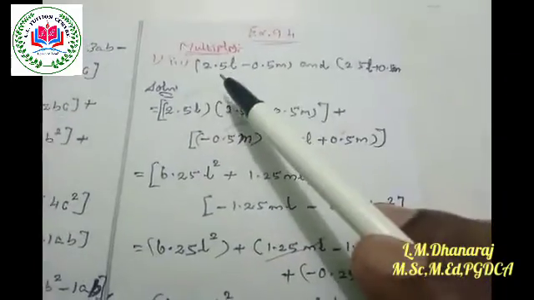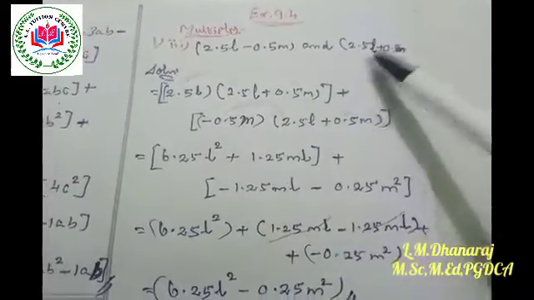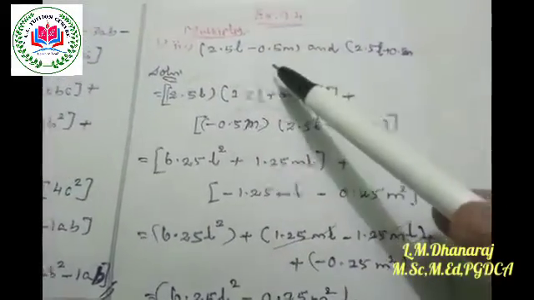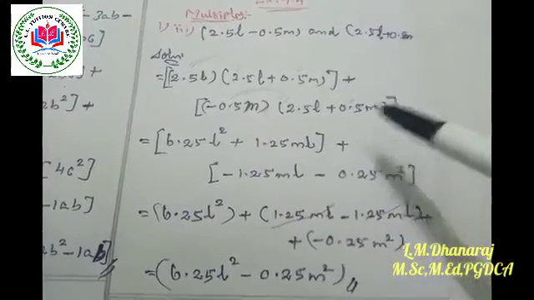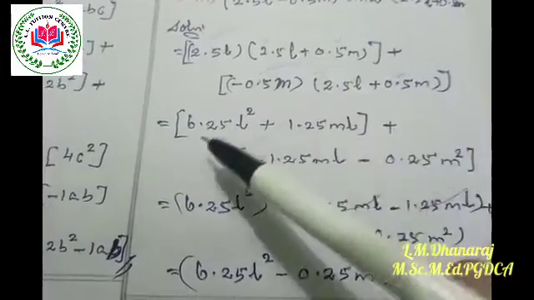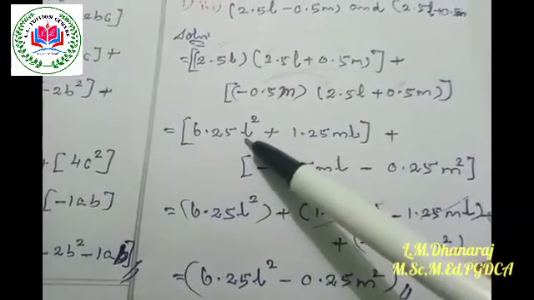So first we have to multiply 2.5L into the second expression, that is 2.5L plus 0.5M, plus minus 0.5M into the second expression, 2.5L plus 0.5M. Now first 2.5L into 2.5L means 6.25L square.